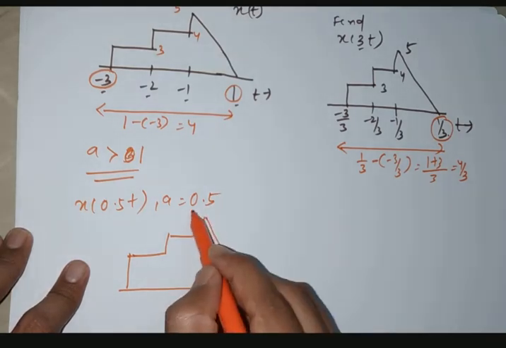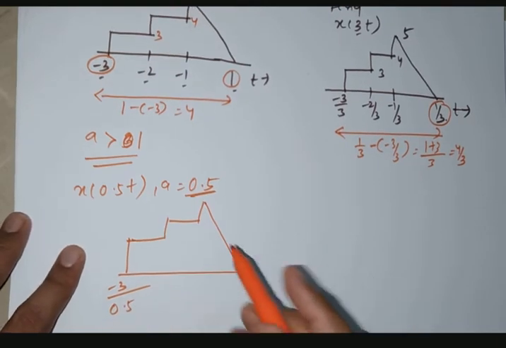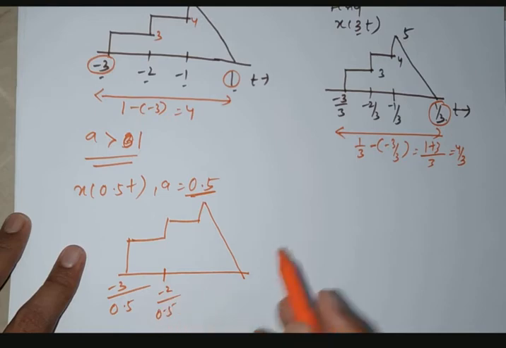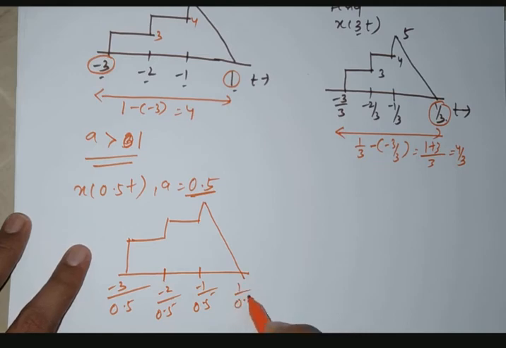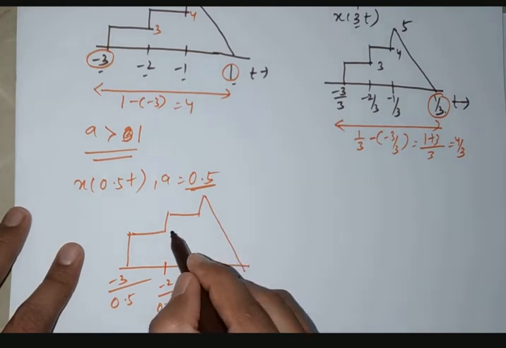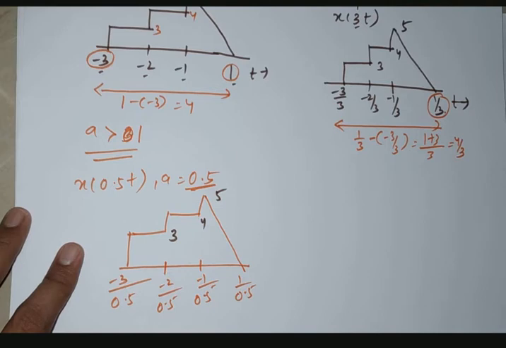Now the scaling parameter is 0.5, so it is minus 3 by 0.5, this becomes minus 2 by 0.5, this is minus 1 by 0.5, and finally 1 by 0.5. There is no change of amplitude: 3, 4, 5.